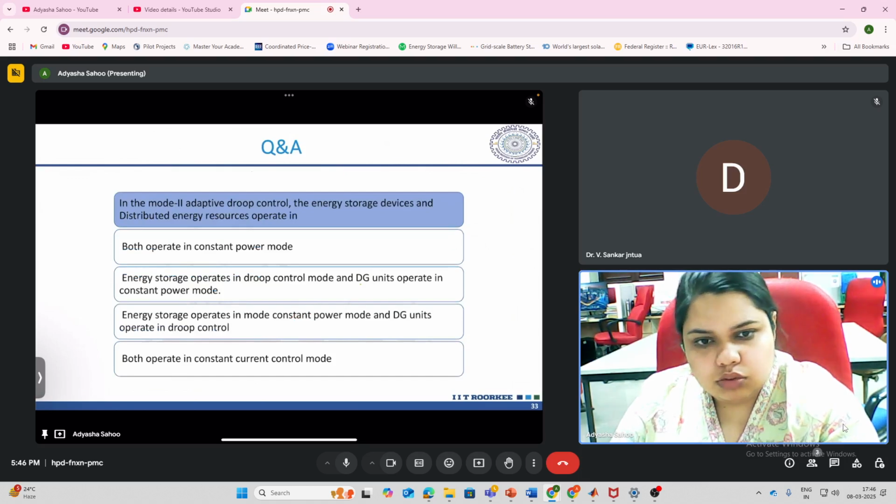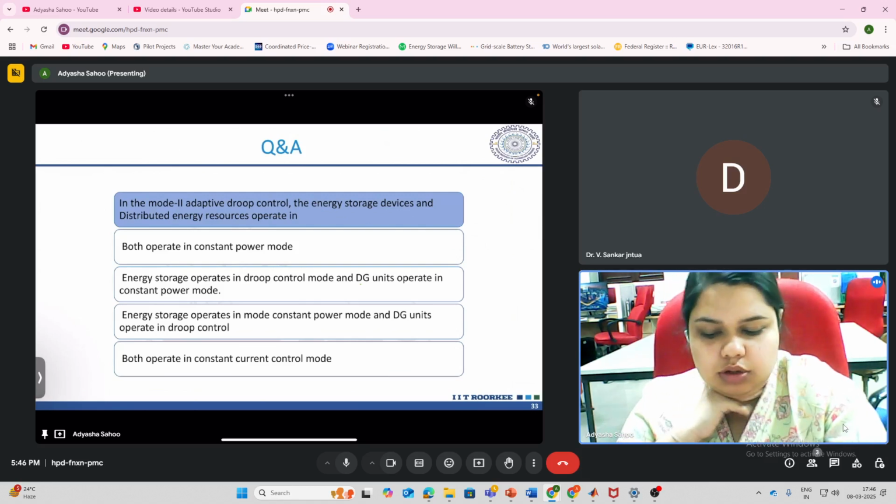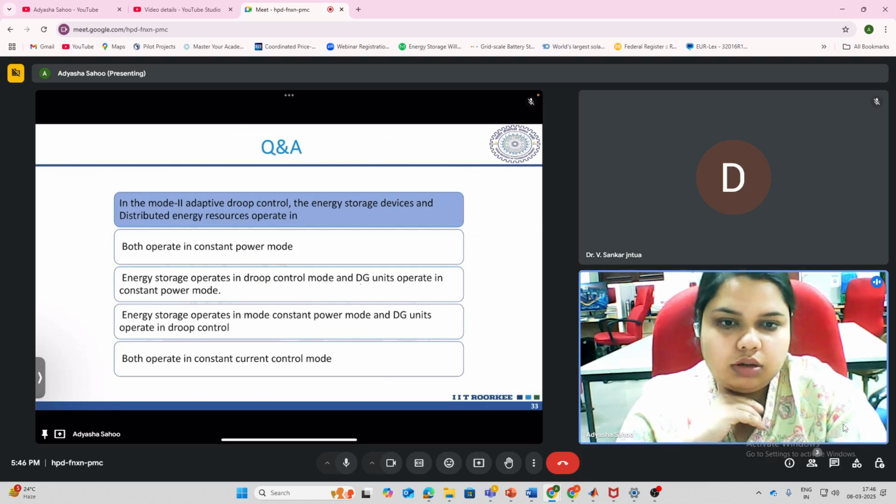In mode 2 of the adaptive droop control method, the energy storage device and the DGs will operate in which mode? Both the energy storage and DGs in constant power mode, or energy storage in droop mode and DGs in constant power mode, or vice versa, or both in constant current mode.